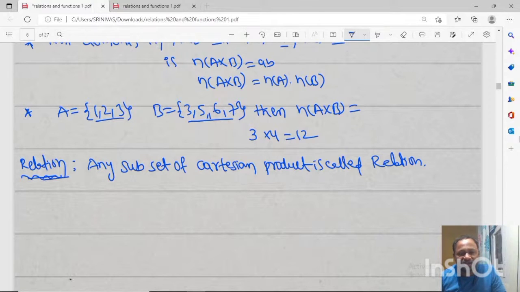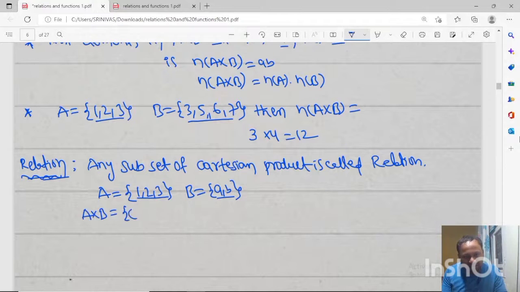I will take one example. See this. A is equal to the set of all 1 comma 2 comma 3. B is equal to A comma B. So then how many elements are there in the Cartesian product? 3 twos are 6. 6 elements will be there. What are the 6 elements? A cross B is equal to 1A, 1B, 2A, 2B, 3A, 3B. So this will be the Cartesian product.